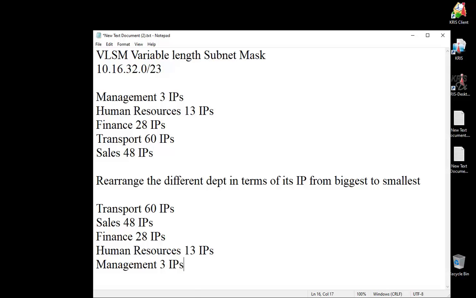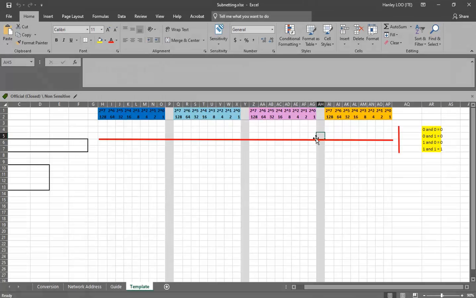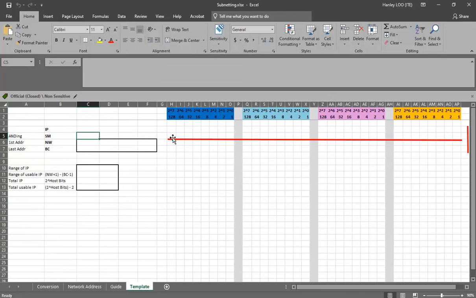So if you still remember, by looking at the number of host bits, which is the 0s, we can determine how many IP addresses we can get from the host bits. Let's talk about our previous subnet mask 255.255.254.0, which is the /23 given.